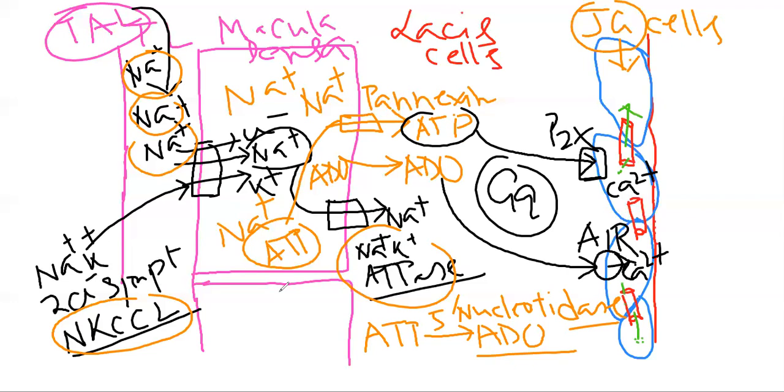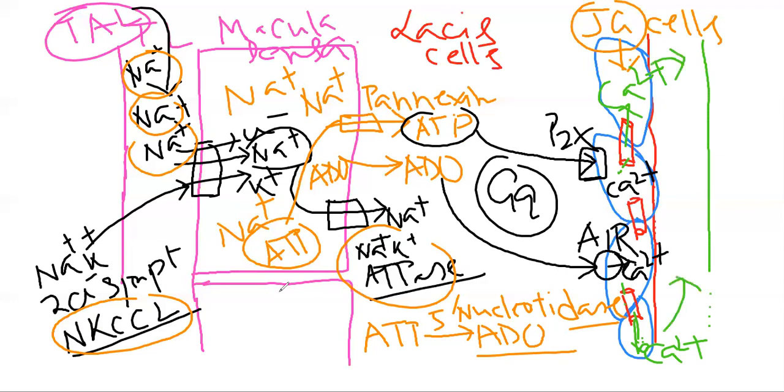This calcium ion will transmit to the adjacent JG cells. This calcium ion will propagate via the gap junction or the electrical windows present between the JG cells, and ultimately it will constrict the afferent arteriole.